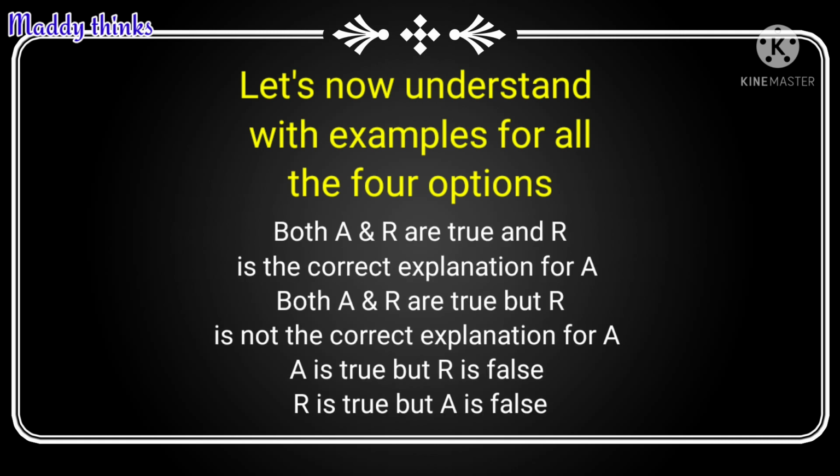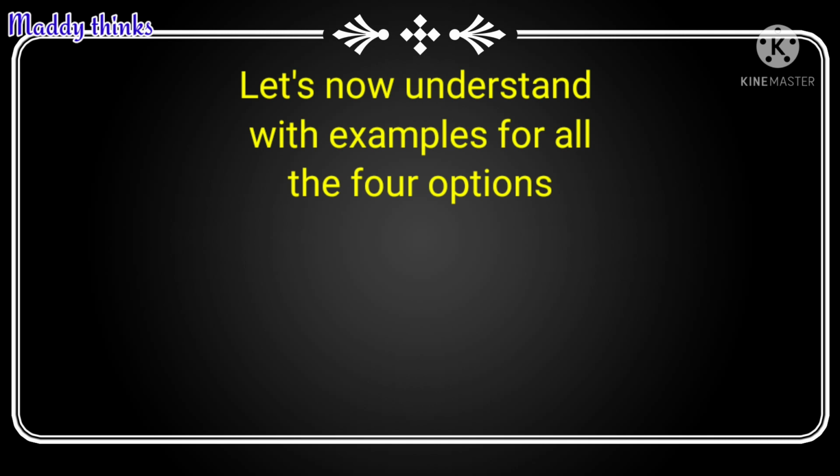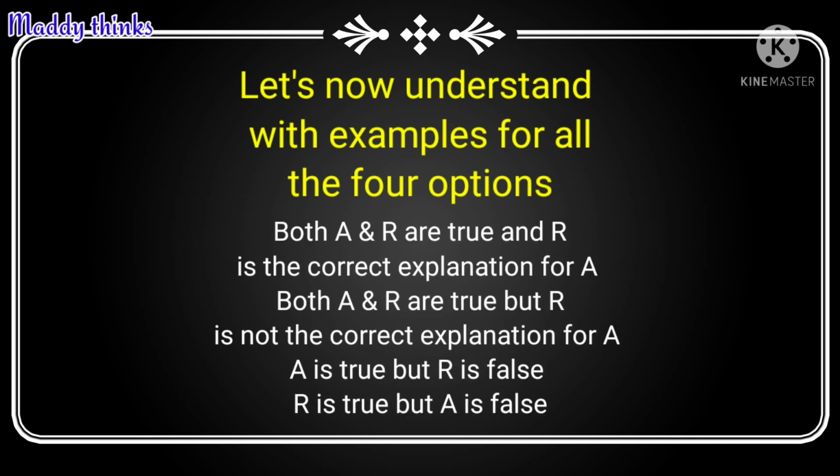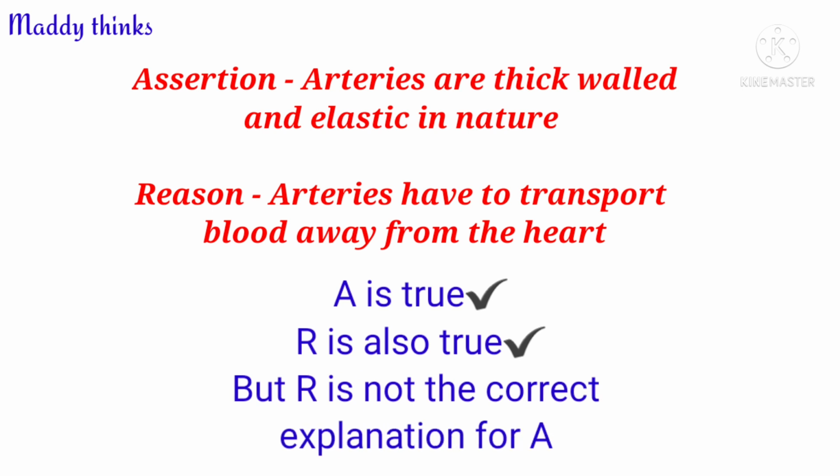Let's now understand with examples for all the 4 options. Example, the assertion is arteries are thick-walled and elastic in nature. The reason is arteries have to transport blood away from the heart.